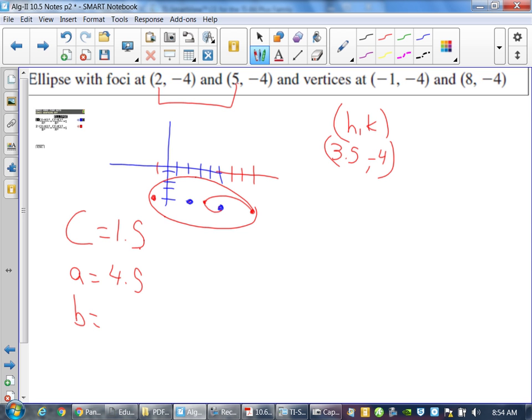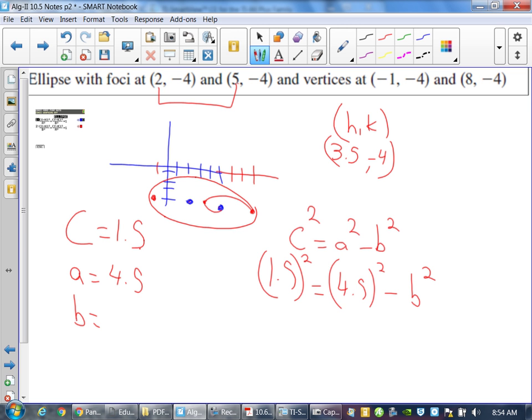So we start filling it out. Let me stop here for a second. c squared is a squared minus b squared. So 1.5 squared is 4.5 squared minus b squared.